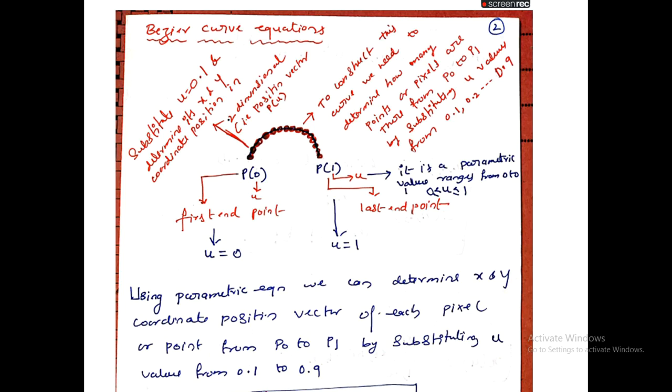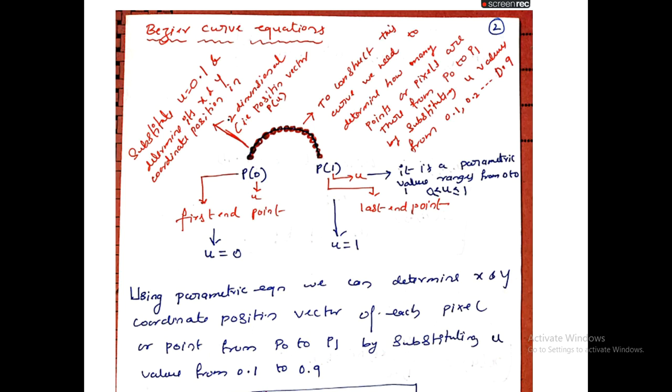To create this curve, we calculated the coordinate position of every pixel from the first pixel to the last pixel. So we need to use a parametric equation to create a curve like this. I will repeat: I am using one concept called the parametric equation, and the parametric equation internally uses one constant called u, which is called the parametric constant, and its value has to range from 0 to 1.